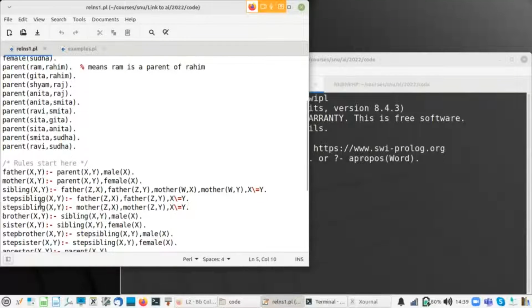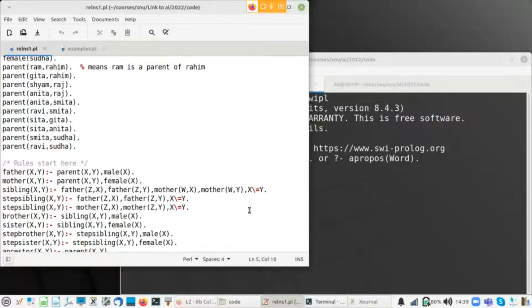Notice we are also defining step sibling. So X and Y are siblings if Z is the father of X and Z is also the father of Y, W is the mother of X and W is also the mother of Y, and X and Y are not equal.